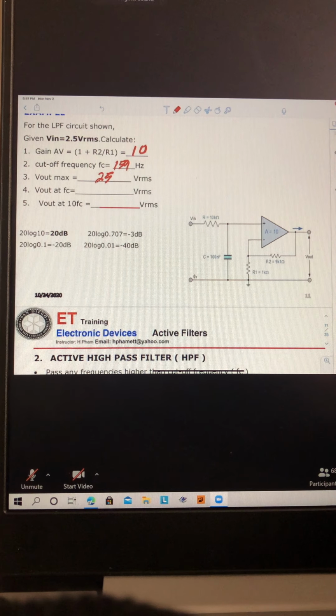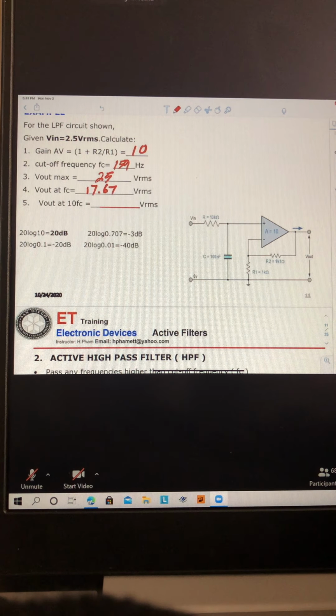Okay, number 4. VL at cutoff. It will be 17.67.